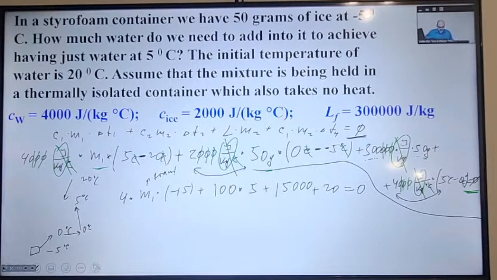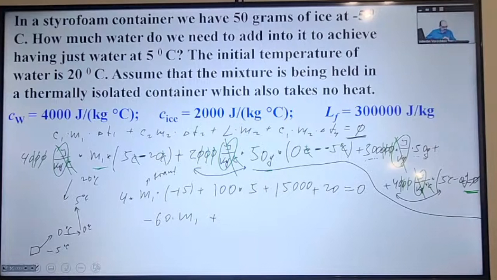Now, this is negative 60 times m1 plus, feels like I missed something. Yes, I did.